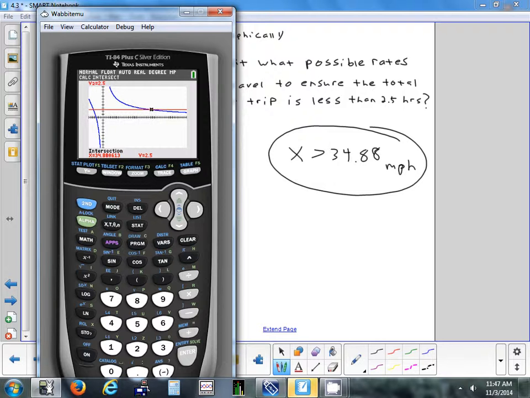Okay, so we'll finish up with a couple inequalities. I typed that equation in, and I used that window. That's the same equation we had from example 1 and 2. Any question why it has to be greater than 34.88, not equal to?